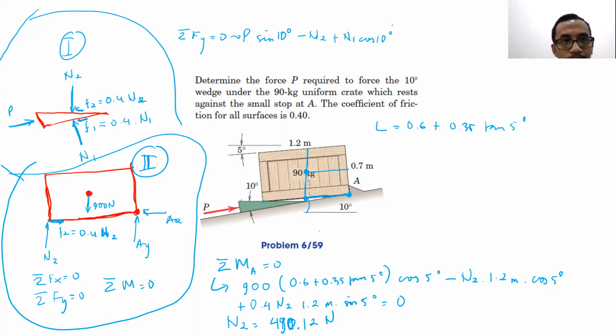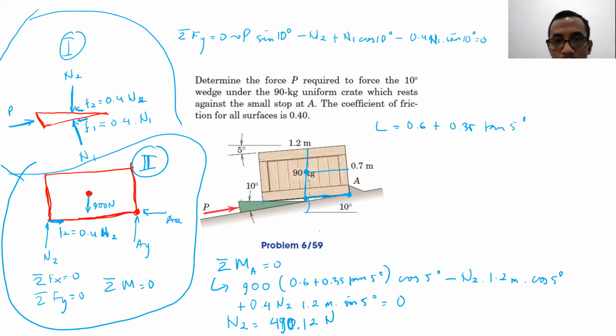Then minus... plus F2? Oh, no, F2 is not necessary. F2 is horizontal. Perpendicular, yeah. Minus F1, or 0.4 N1. Okay, 0.4 N1 sine 10 degrees. That one, right? Yes. Okay.